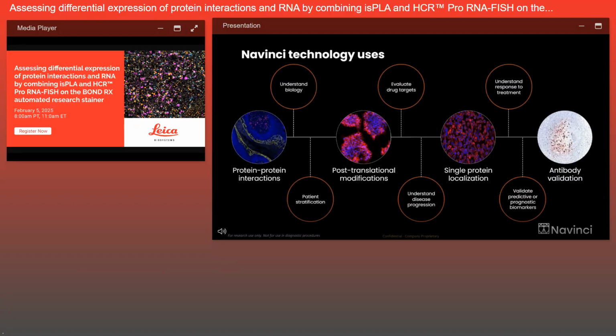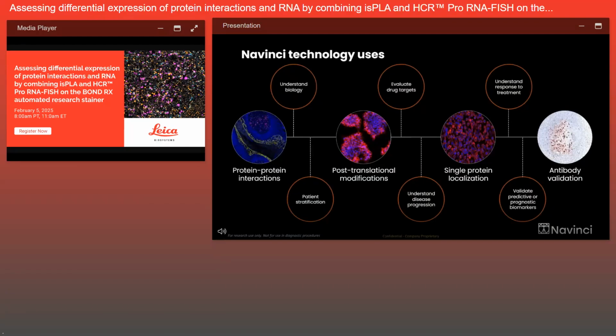When I talk about single protein localization, what I mean here is using the amplification of the technology to detect targets that may be low in abundance. So maybe there's a protein that you find difficult to see with IF. You can use two antibodies specific to different epitopes of the same protein and use the amplification step and visualization to potentially target that protein.